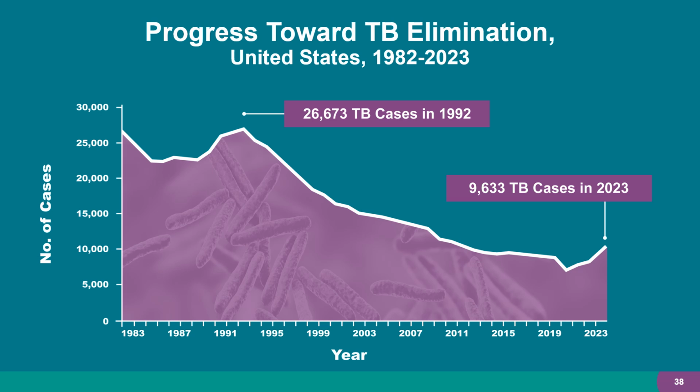The TB elimination threshold is less than 1 per 1 million population, which is approximately 335 cases per year for the current US population.